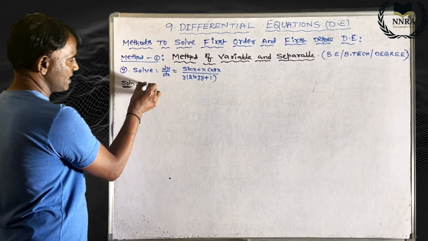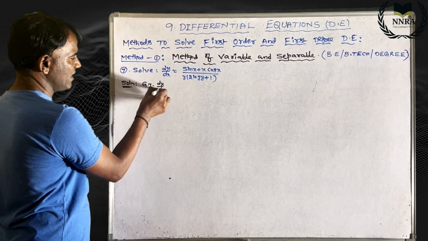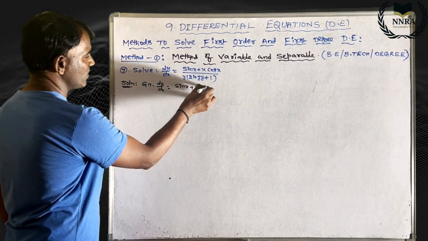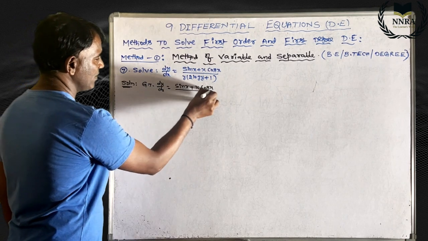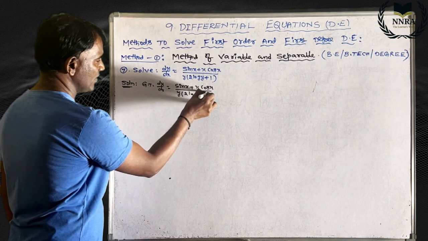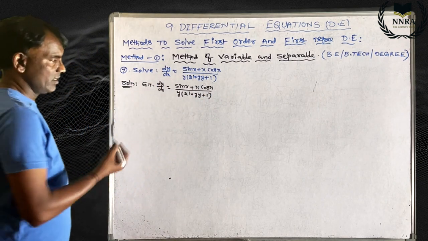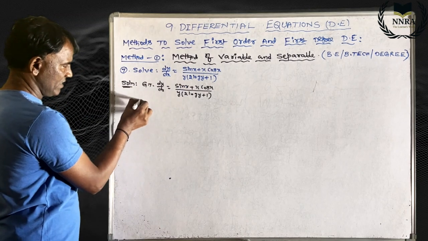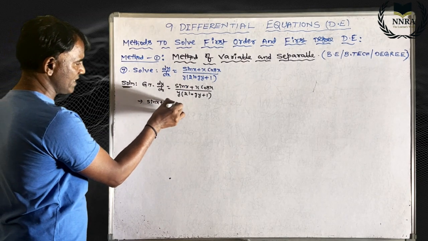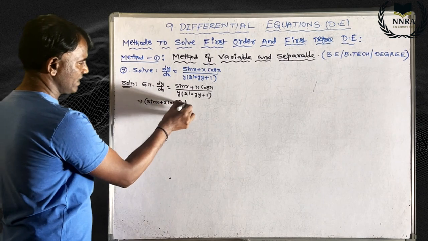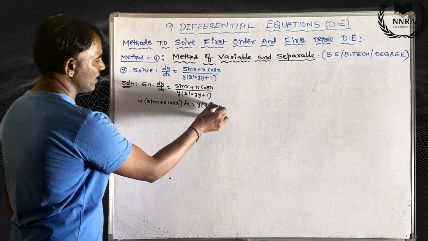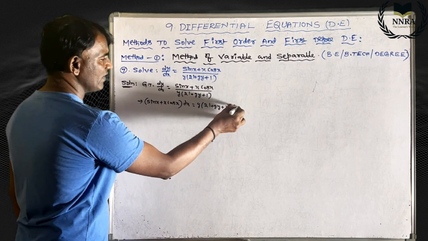So given that dy by dx equal to (sin x plus x cos x), and coming to the denominator, y into (2 log y plus 1). Now cross multiplication. What is that? (sin x plus x cos x) dx, and here y(2 log y plus 1) dy.